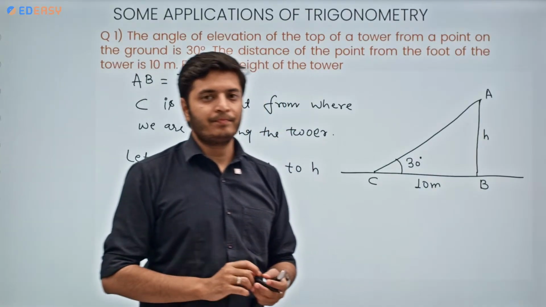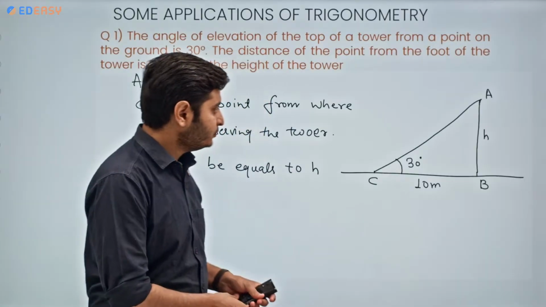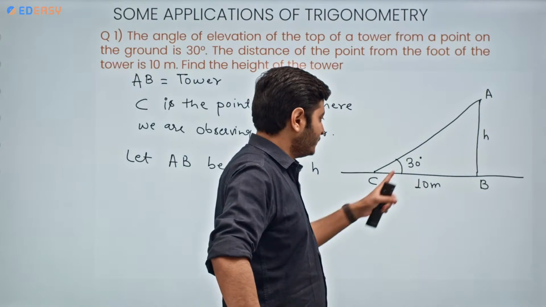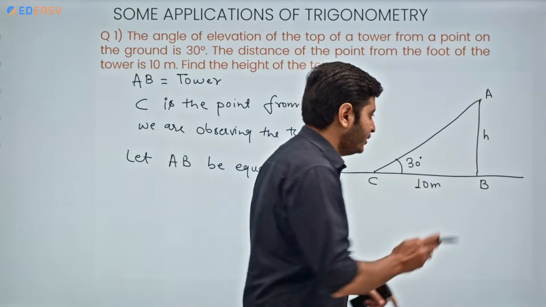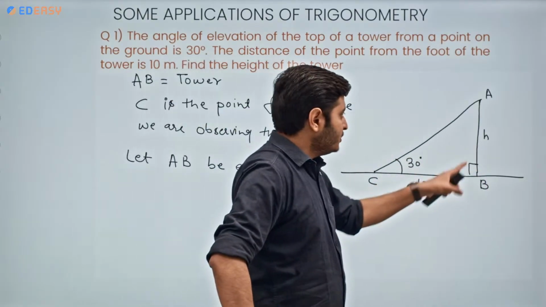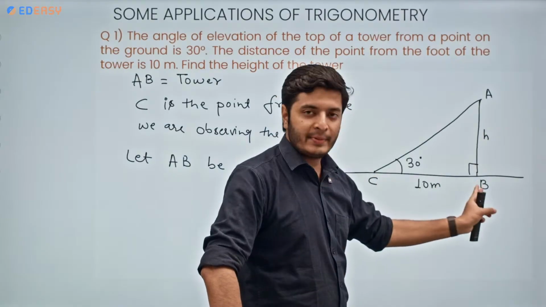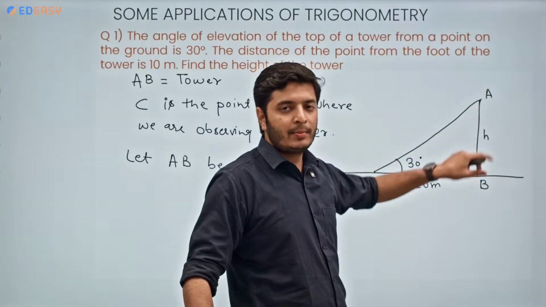Analyze the situation now. Which trigonometric ratio should we apply here? What do we know? Angle we know, correct? Look at this triangle ABC. This is 90 degree. This will always be a right angle triangle. This is hypotenuse. This is base because this is the side adjacent to the given angle, and this is perpendicular.